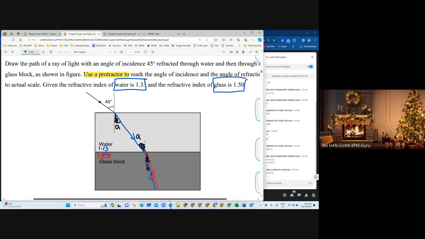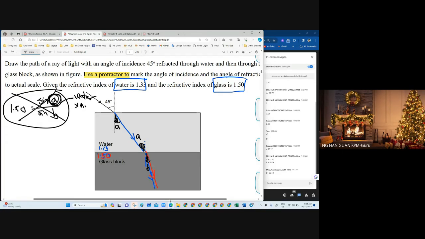Right. So to determine the angle B, if you apply 1.5 equal to sin angle A over sin B, it's wrong because angle A is in the water, not in the air.